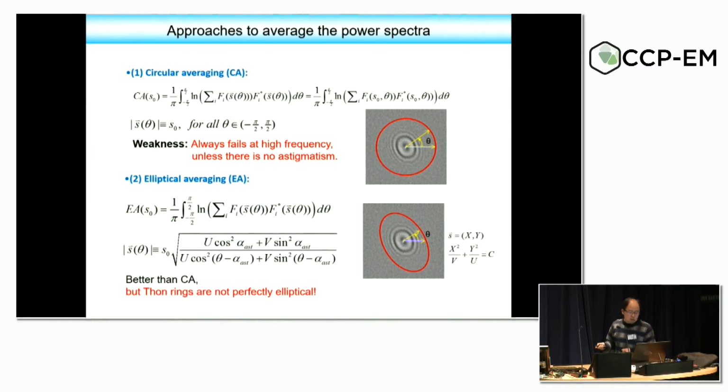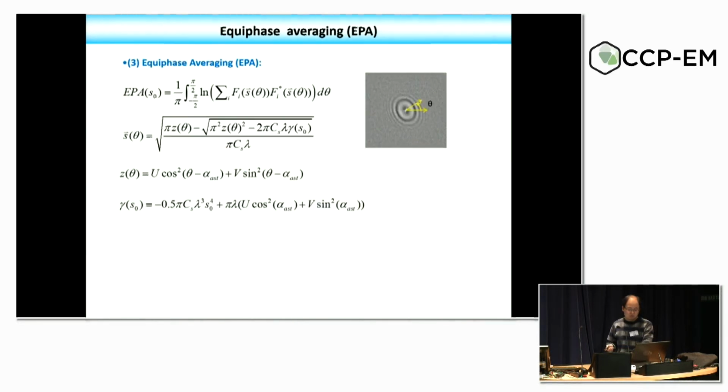But there are still some problems with the elliptical averaging. That's because of the CS. Because in the presence of the CS, the Thon rings are not perfectly elliptical. You can prove that mathematically. But I will just show you what the ideal averaging approach is. It's called equal phase averaging. That means you average all the power spectrum by tracing exactly the same phases of the CTF curve.